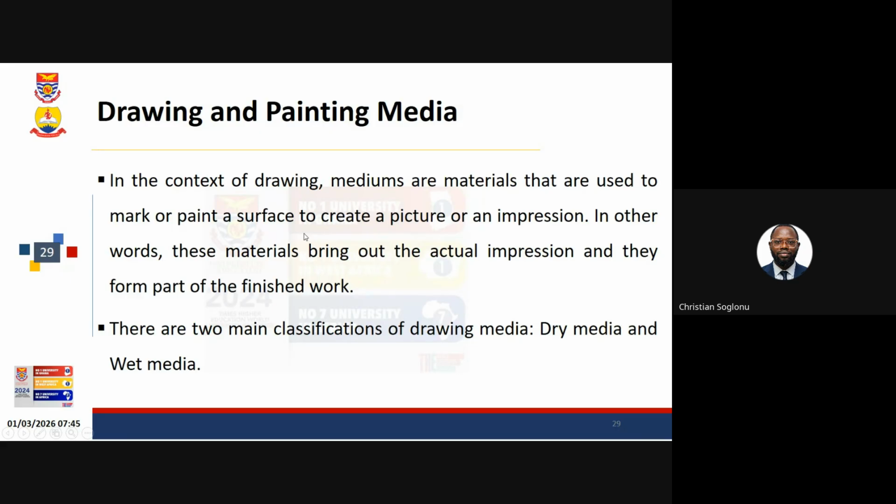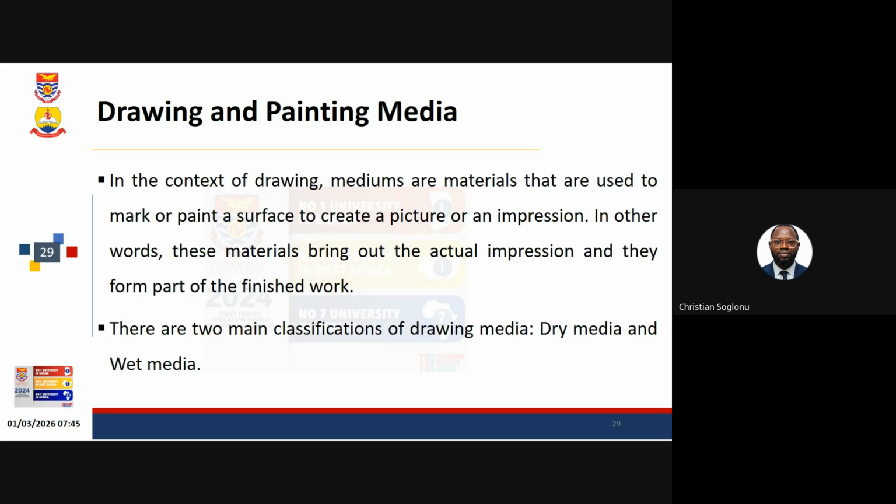So, drawing and painting media. In the context of drawing, mediums are materials that are used to mark or paint a surface to create a picture or an impression.